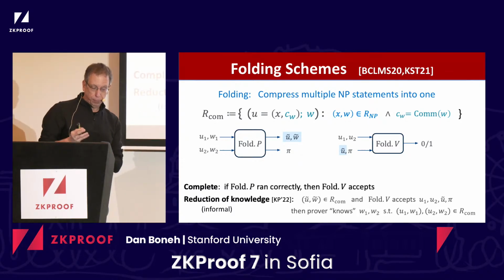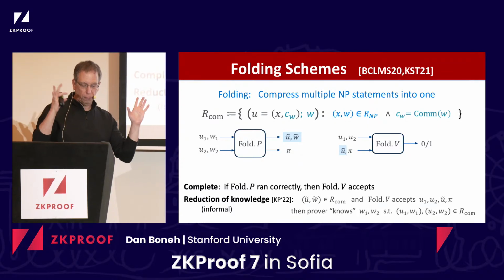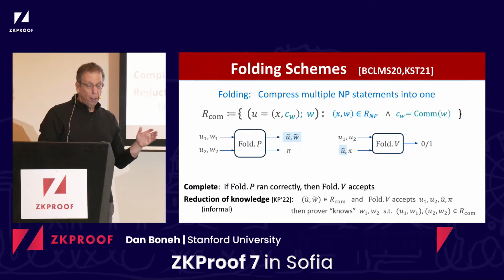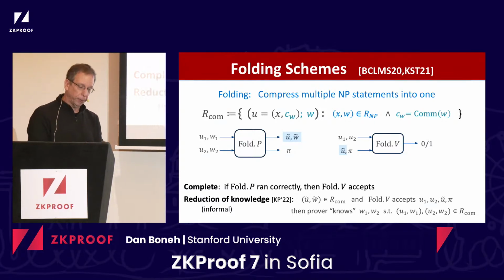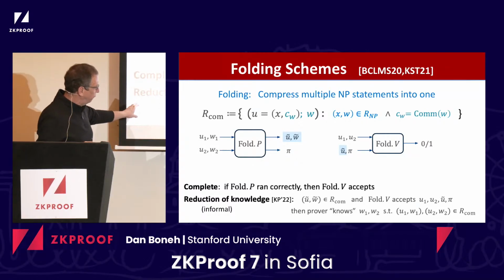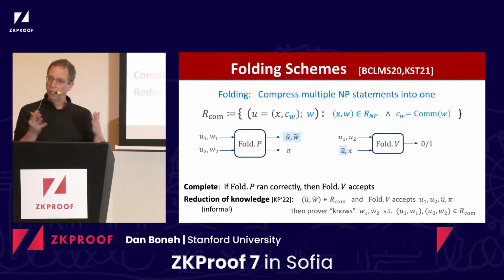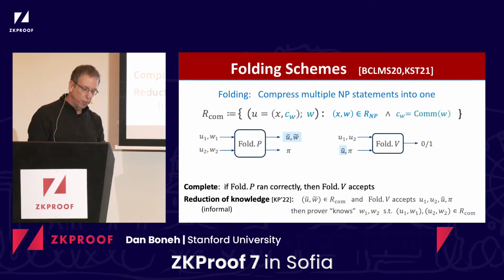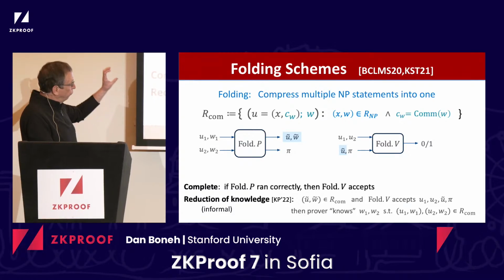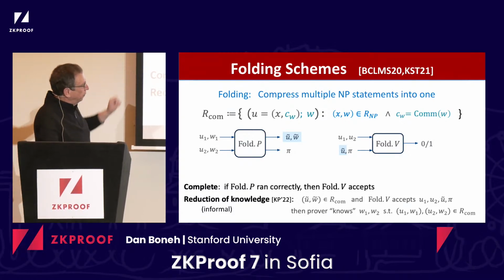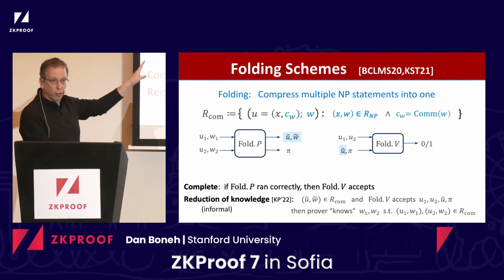Of course, it has to be complete. So if the prover and verifier are honest, the verifier should accept. That's the completeness property. By the way, the best way to explain the security property is through a new concept called a reduction of knowledge. It turns out it's a very elegant way to express what folding does, so please use this terminology of reductions of knowledge. Folding reduces knowledge of W1 and W2 to knowledge of W tilde.